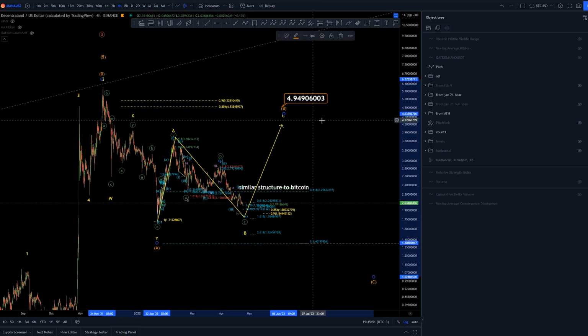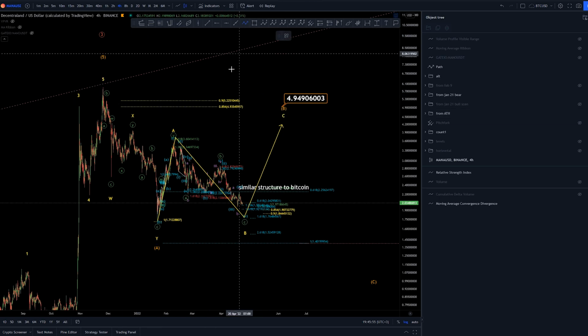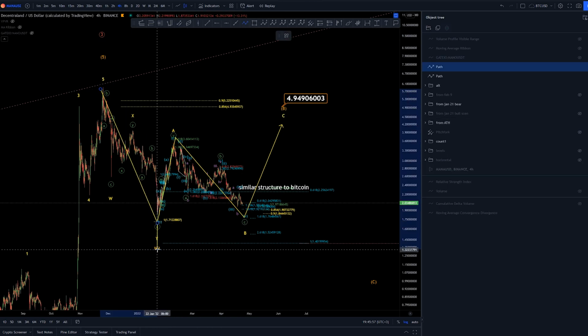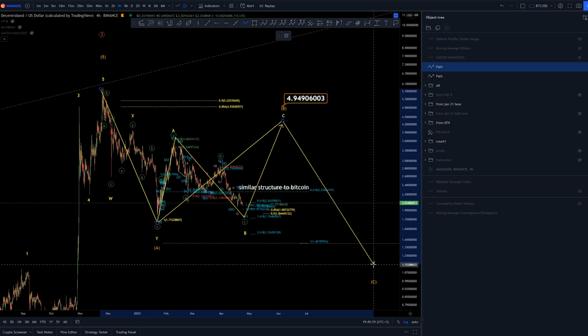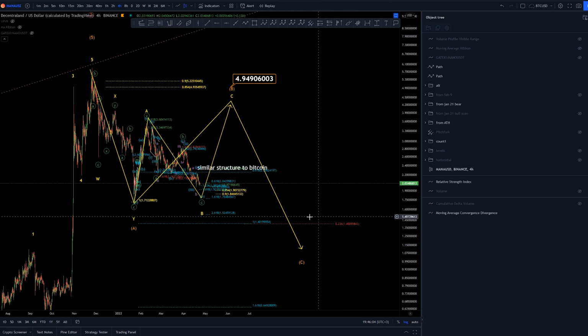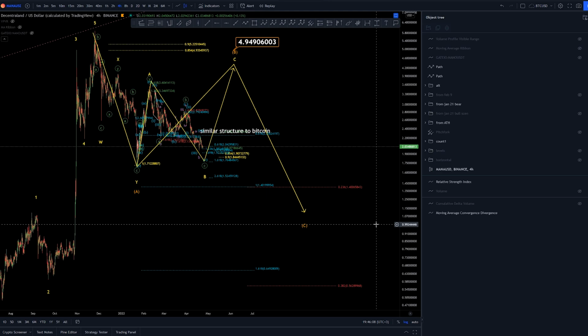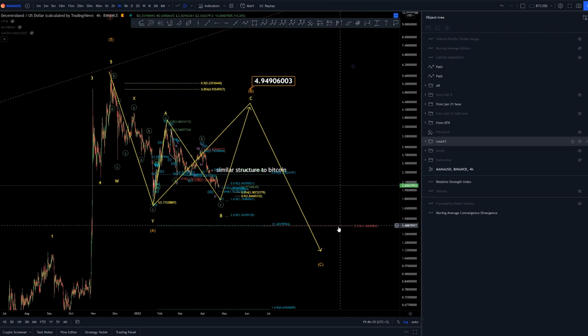That is part of the B wave of intermediary, which is again part of this A wave here, B, and then C. At this point we would be coming down and most likely coming back to the area here of 236 of that primary fourth targets.